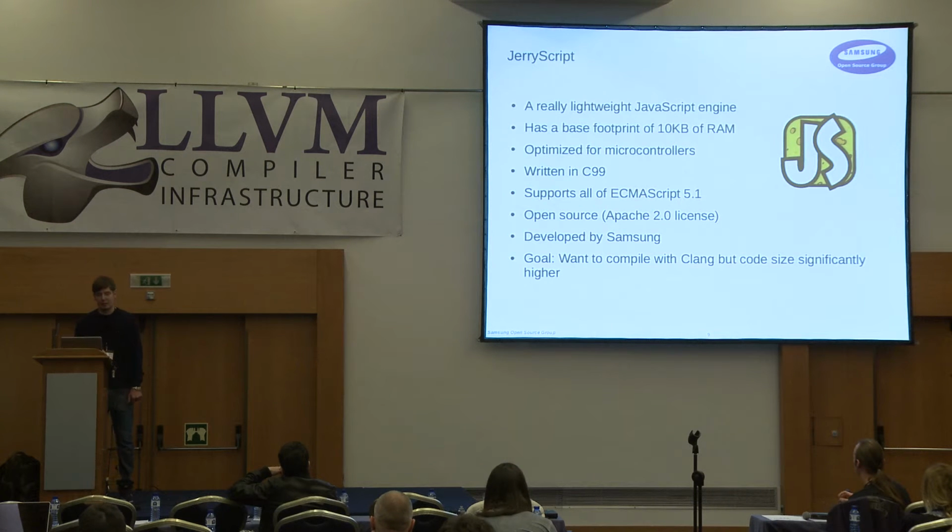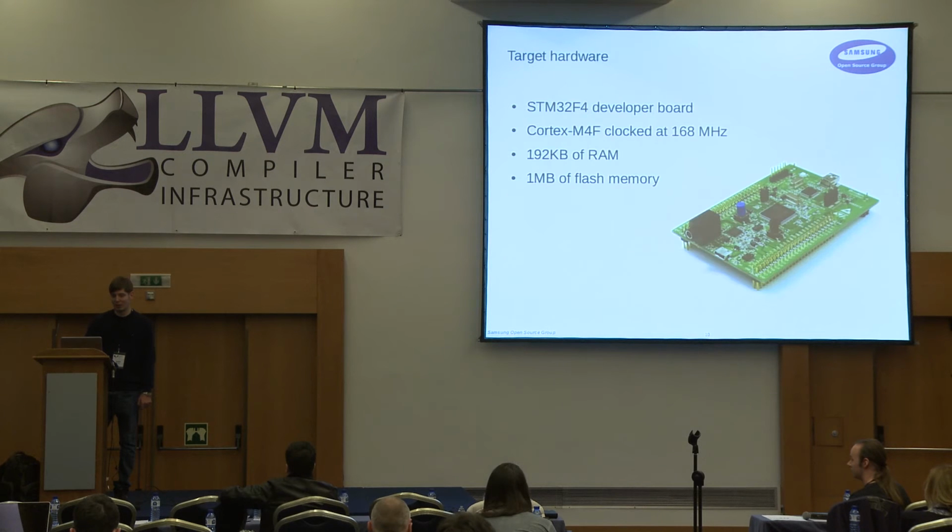One motivation for this talk was also that the JerryScript developers themselves want to use Clang. Today they can use Clang already for debug builds, but the idea is also to use Clang for release builds. But code size-wise, we are not there yet. So hopefully in the future, the code size will be good enough to also compile JavaScript with Clang.